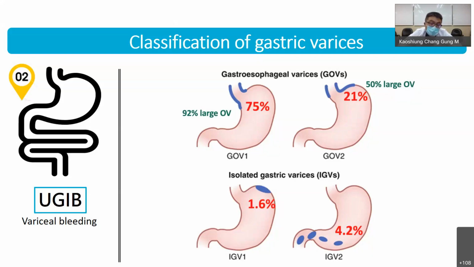If patients have IGV2, maybe you need to think that the cause is different from cirrhosis. These patients always have splenic vein thrombosis, and it comes from pancreatic cancer or pancreatic tumor. You need to remember that.